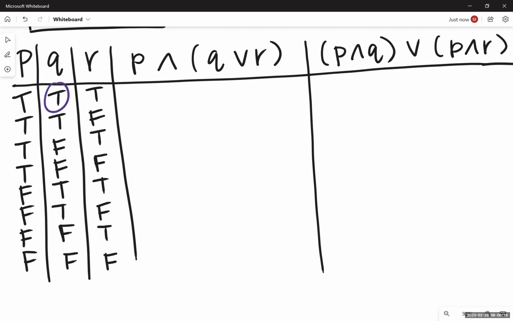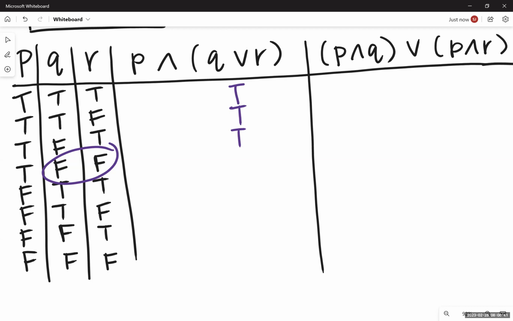I'm going to do one row at a time. So you say, is T or T true? And because they both are true, what you get for your outcome is that, yes, at least one of them's true. And then you say, is T or F true? Yes. F or T? Yes. Right here, this 4th case, if you ask yourself, is F or F true? Either of them?